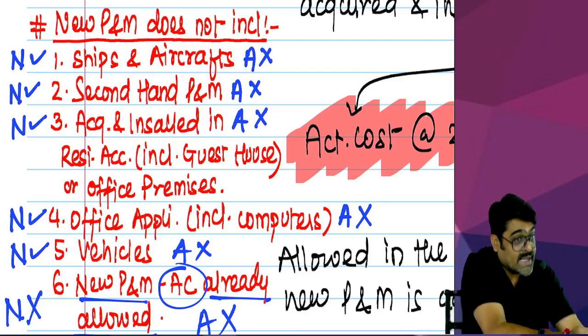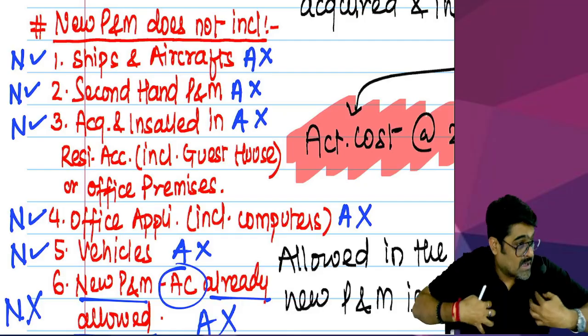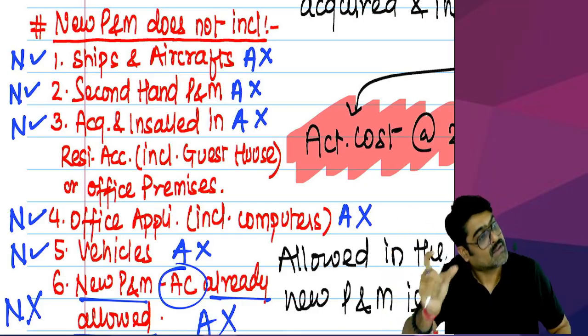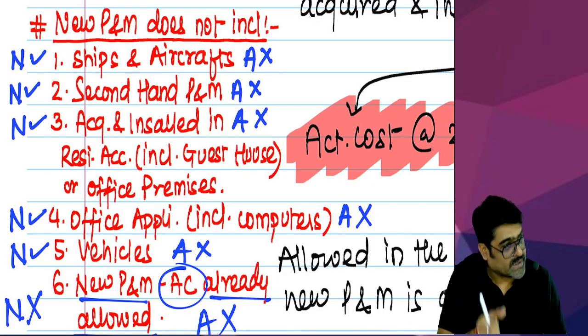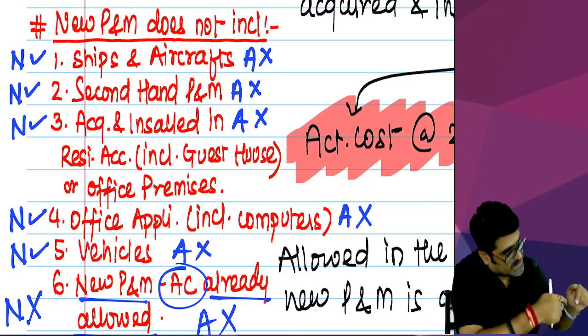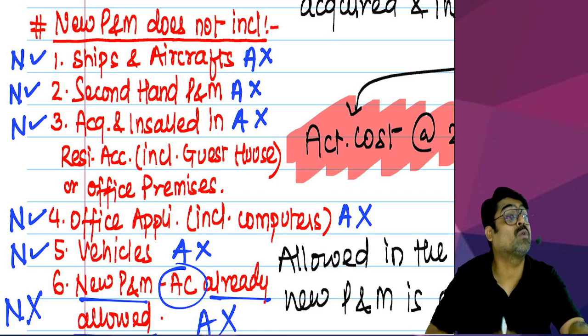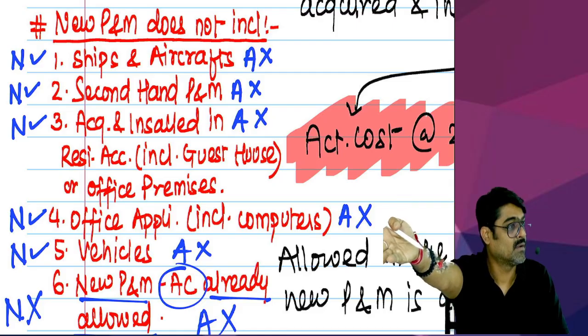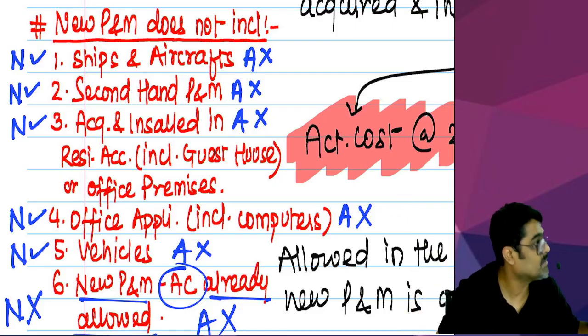The entire cost of that asset we are allowing you as per the other provisions of the Income Tax Act. Now you want to claim 20% of that cost extra in the form of depreciation. We don't allow normal depreciation on those assets, forget about additional depreciation.